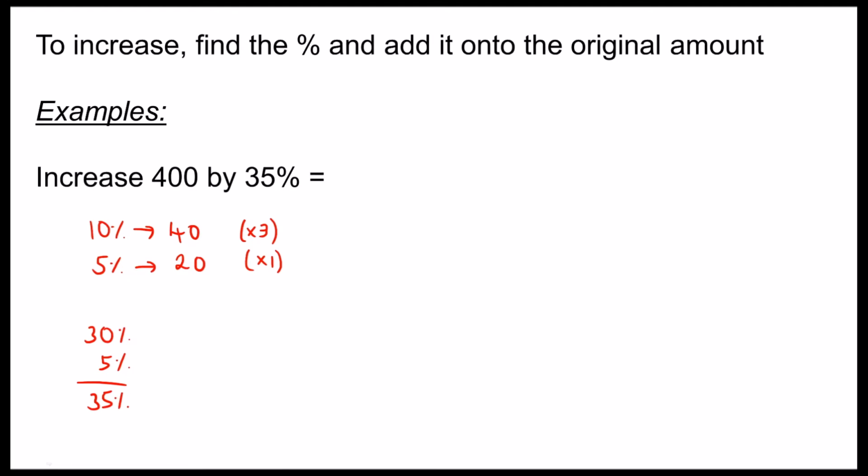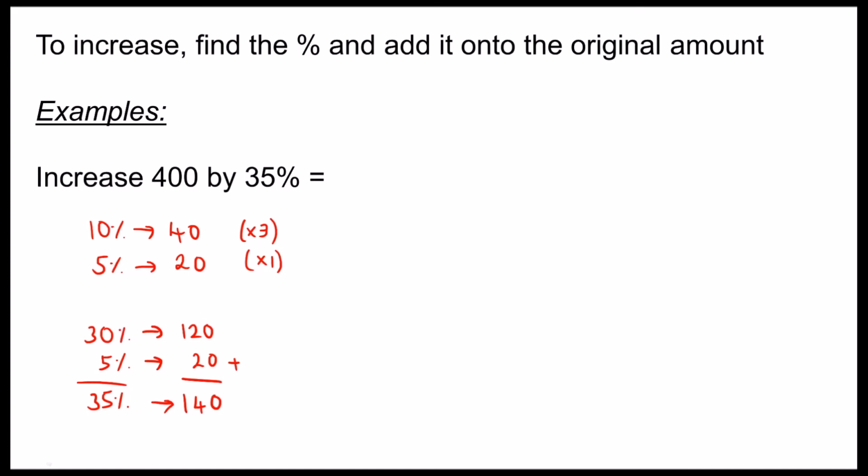3 lots of 10% means 3 lots of 40, so I know that 30% is going to be 120. I know that 5% is 20, and when I add these together I get 140, meaning that 35% of 400 is 140.